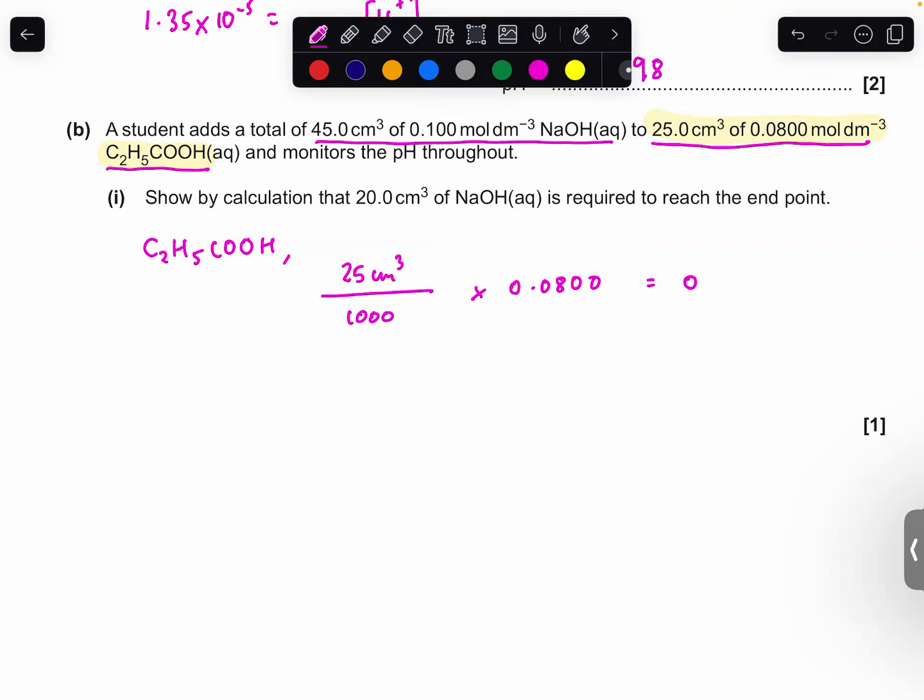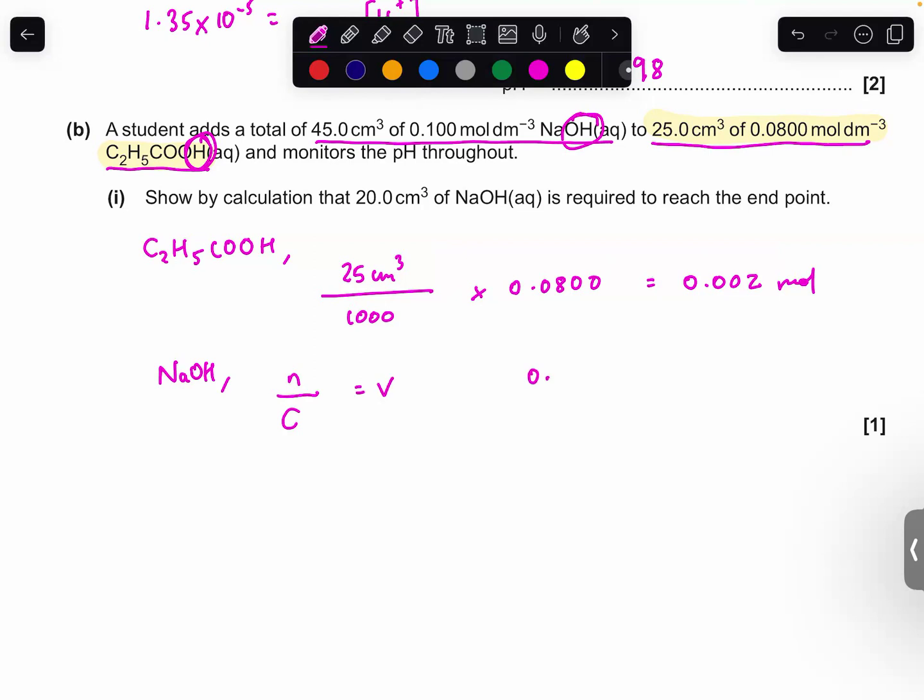Which gives you 0.002 moles. Now, these moles react in a 1-to-1 ratio because there's 1 H plus that's given off, which reacts with the OH minus. So for NaOH, we know what n is, we know what c is. We're trying to work out what volume is needed to neutralize it.